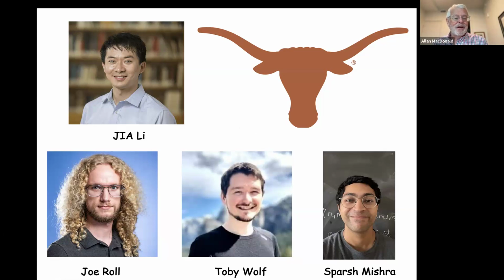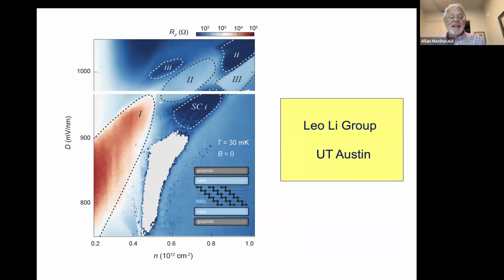This is very much work in progress, and the particular thing I'm talking about is motivated by recent experiments by my colleague Leo Lee. This is Leo's version of the phase diagram of rhombohedral graphene. This is a six-layer system. So in the many layer systems, this rough phase diagram, I think, is similar to what is being observed by everybody, but you'll hear more later today.